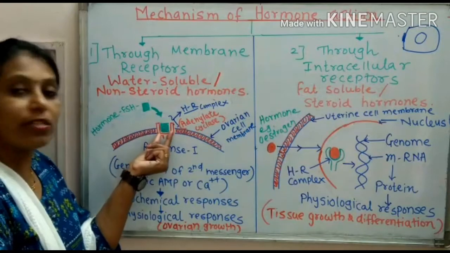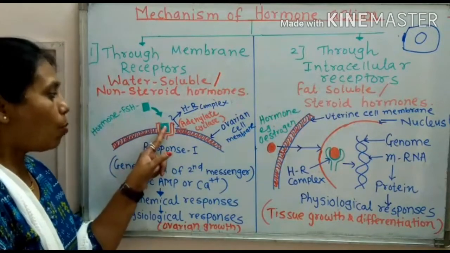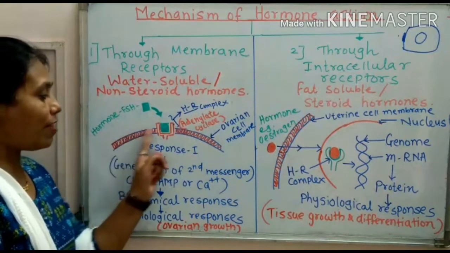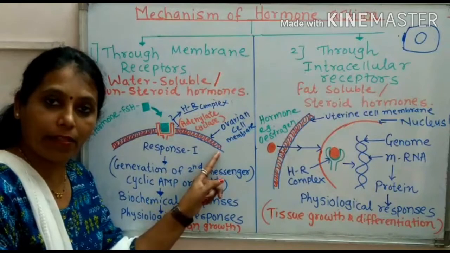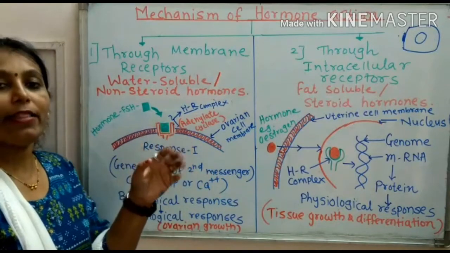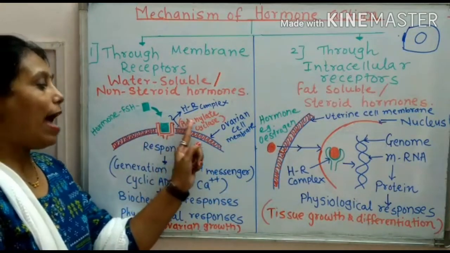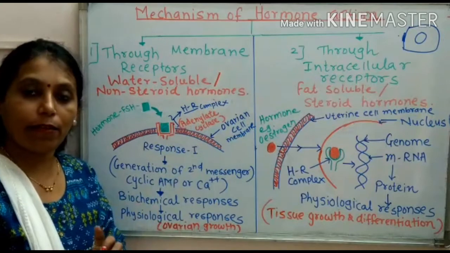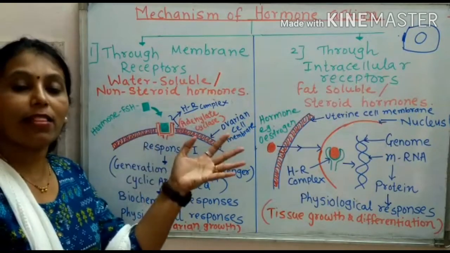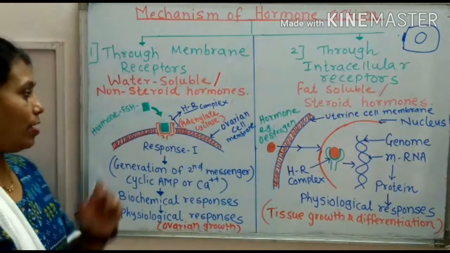These two structures form one complex called the hormone receptor complex, on the surface of the cell membrane. After that, they immediately synthesize an enzyme called adenylate cyclase, due to which it creates the second messenger. Now who is the first messenger?